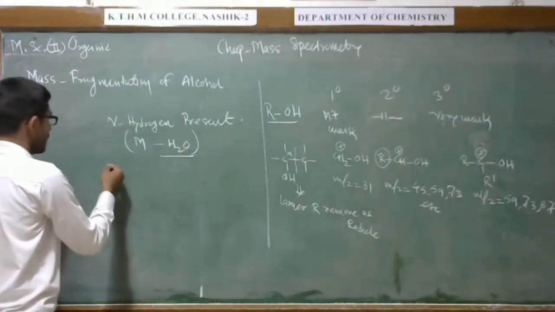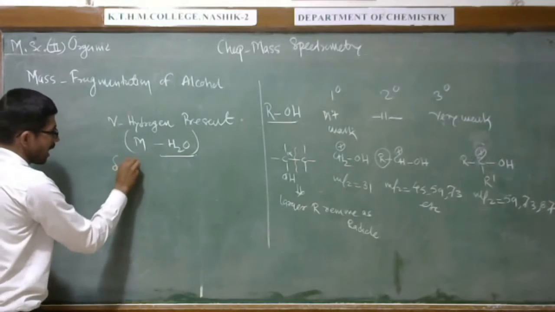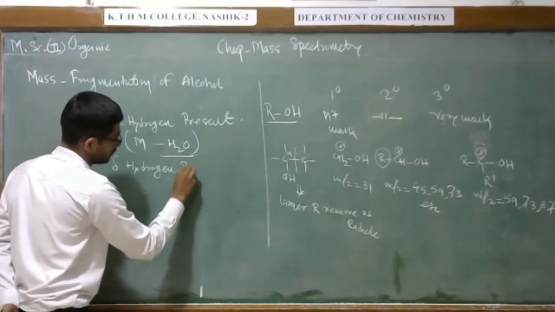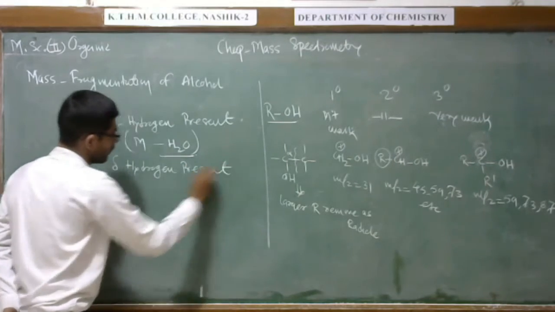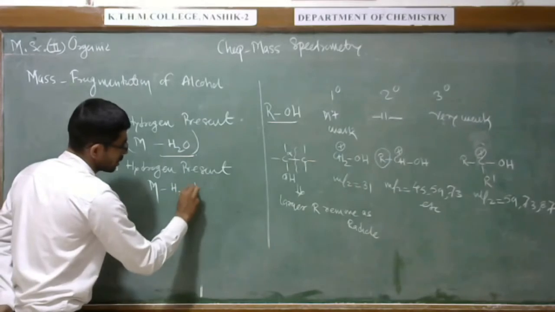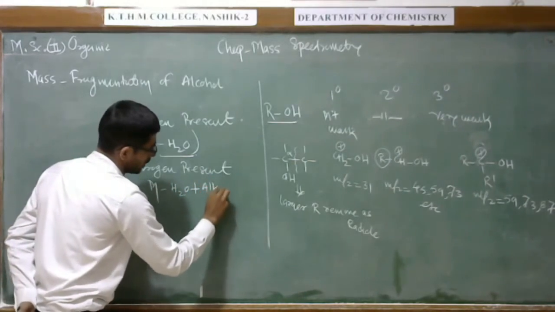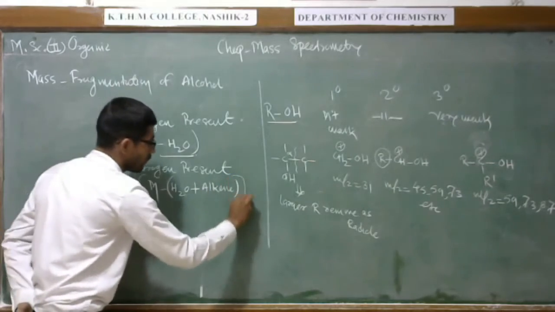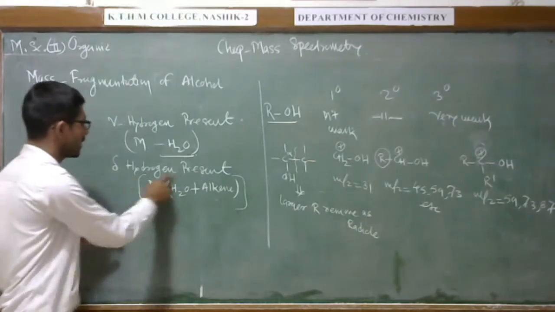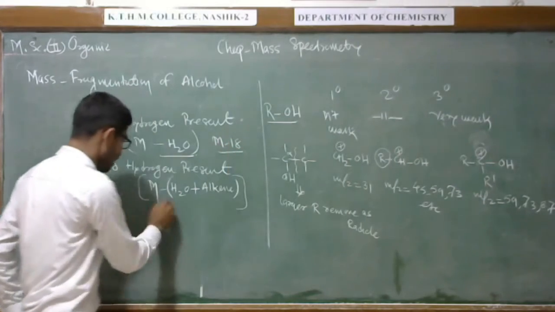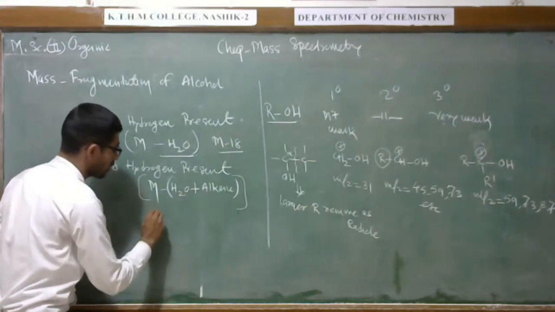Also, when delta hydrogen is present, we can observe the M minus H2O plus alkyl peak. When the M minus 18 peak is observed, it is because of the water molecule.